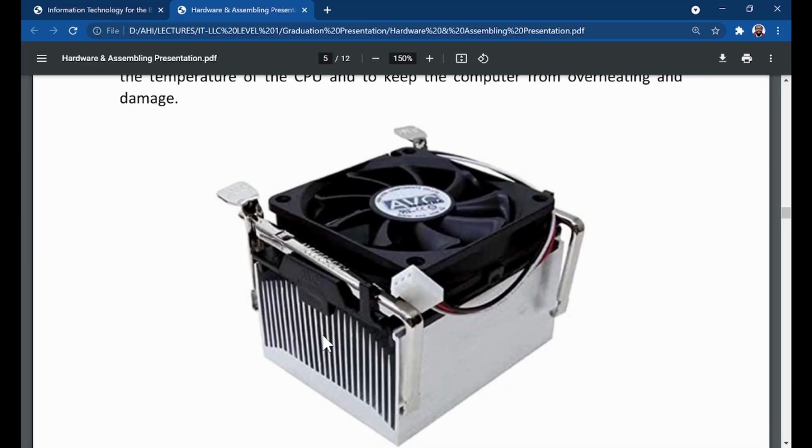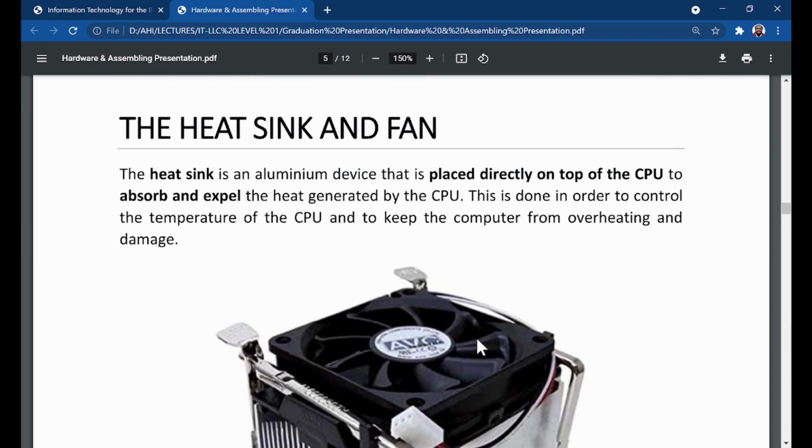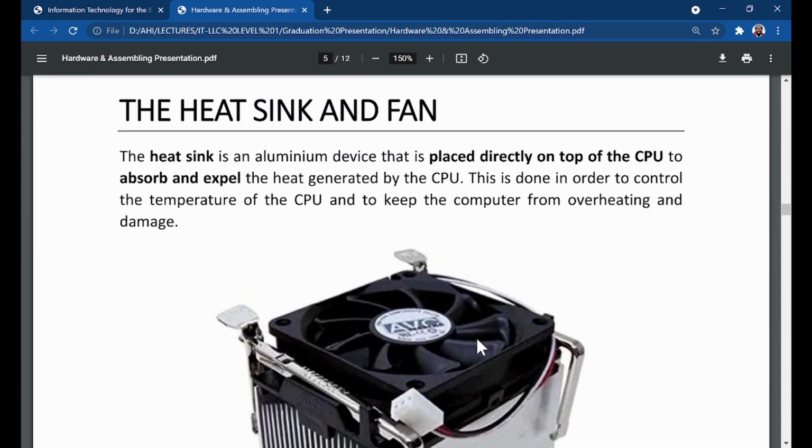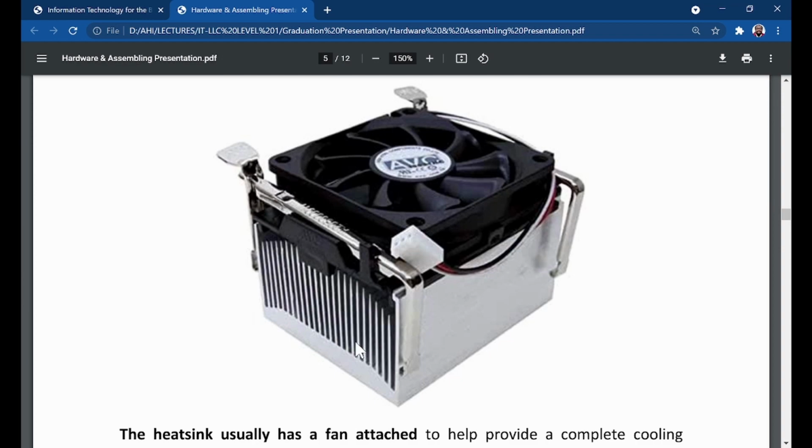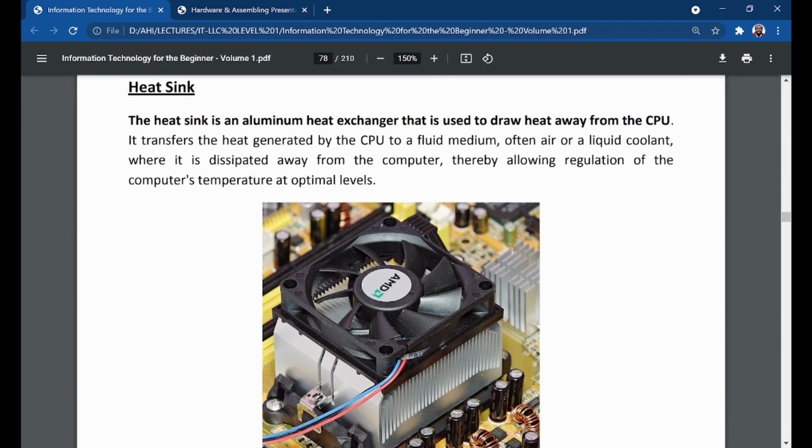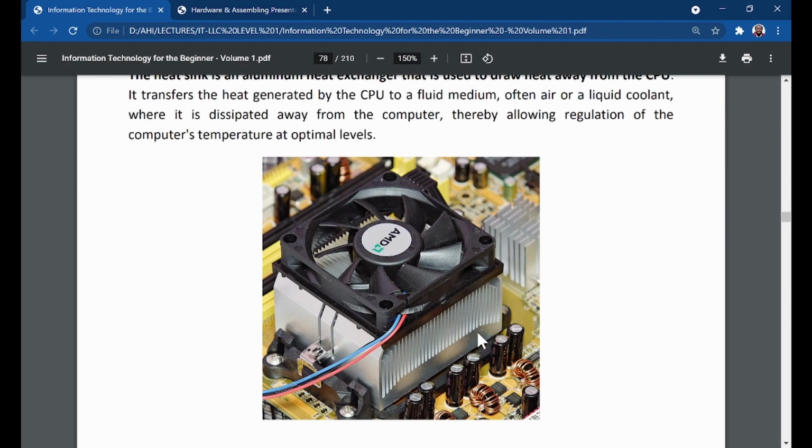Some of them look like what we see in the video, but you can see that it is designed this way, and by just looking at the design you should be able to tell. I believe you've seen this picture. Let me show you the other one. Some of them also look like this.